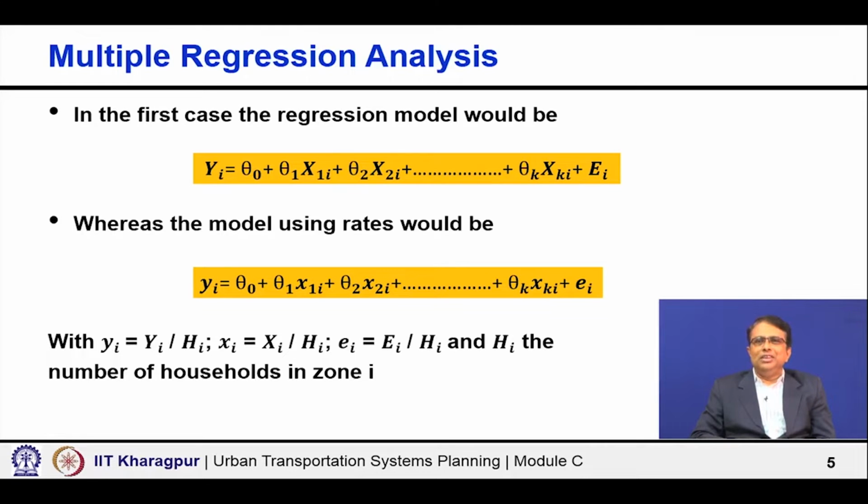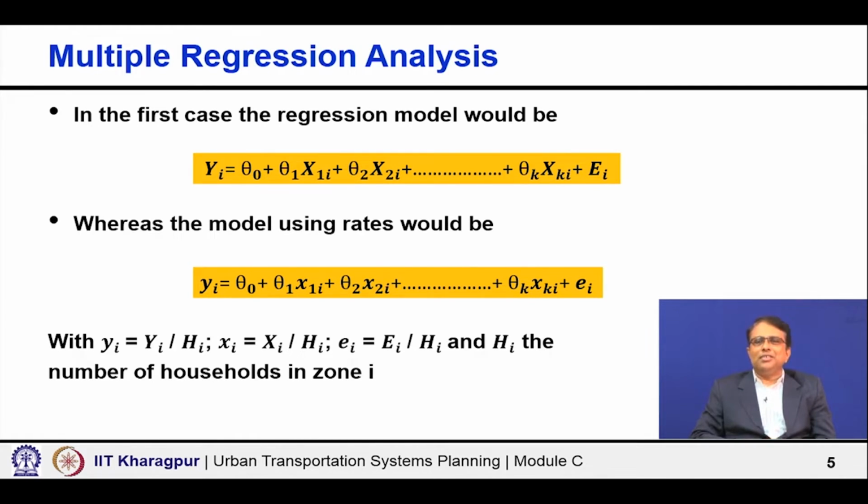Suppose the number of households in each zone, hypothetically, is equal, then what is H_i? H_i is no more a variable, it is like a constant. Every cell you divide by one number, so that is not a problem.